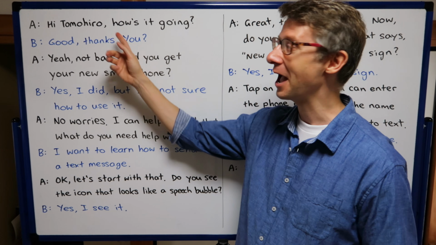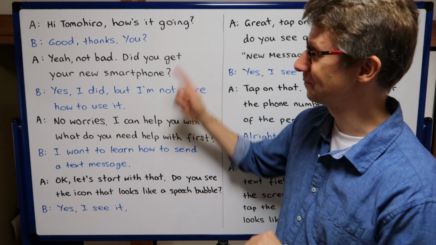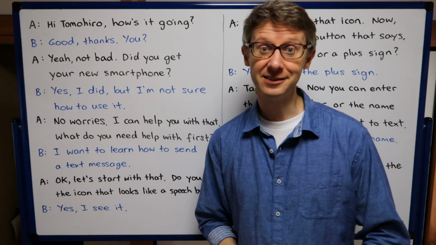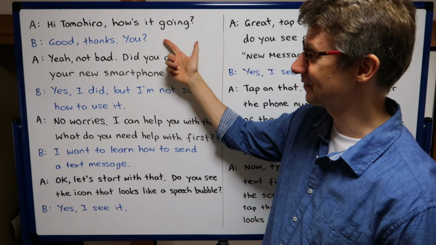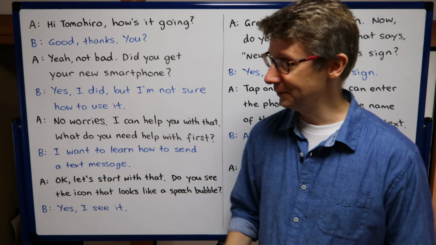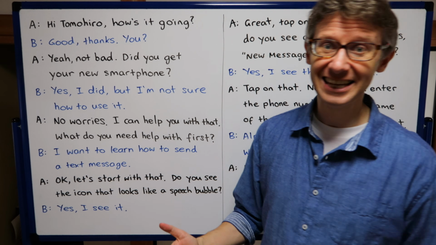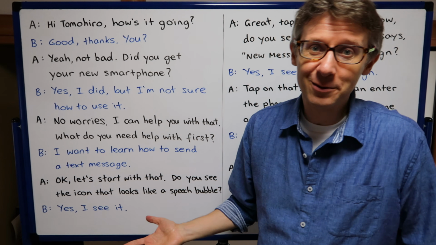Here we go. Hi, Tomohiro, how's it going? Good, thanks. You? Yeah, not bad. Did you get your new smartphone? Yes, I did, but I'm not sure how to use it.